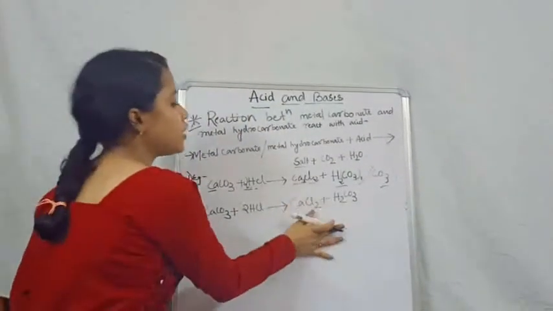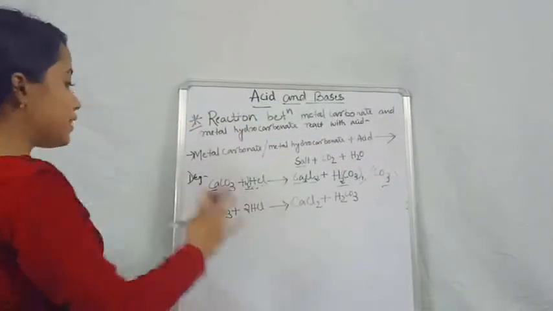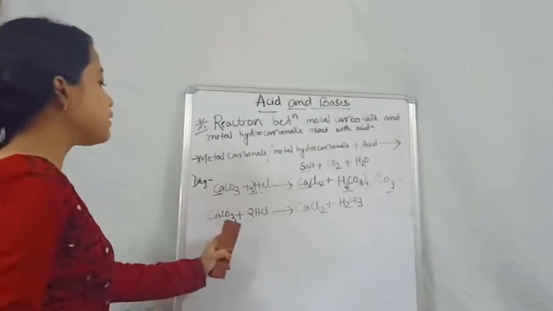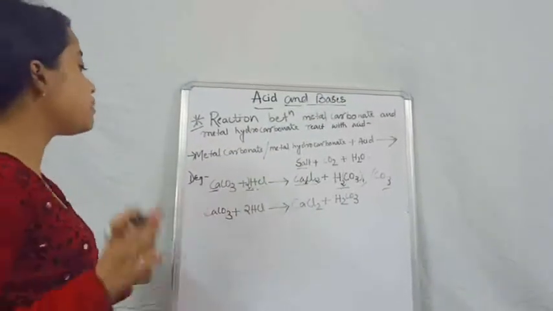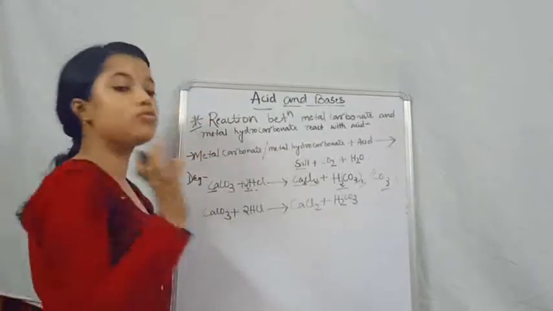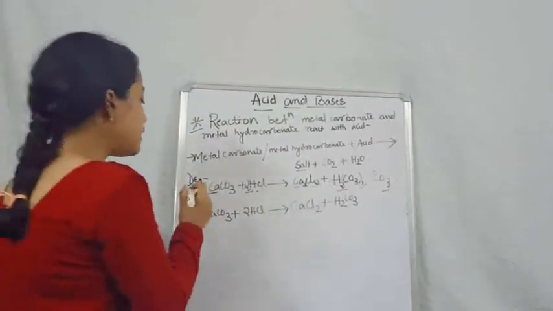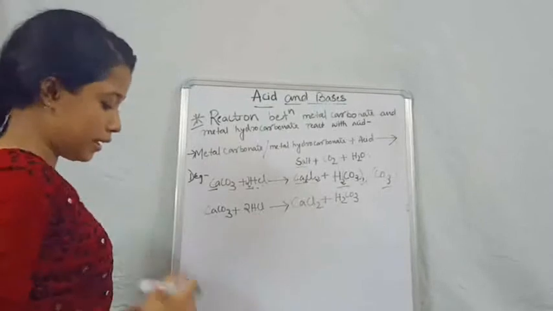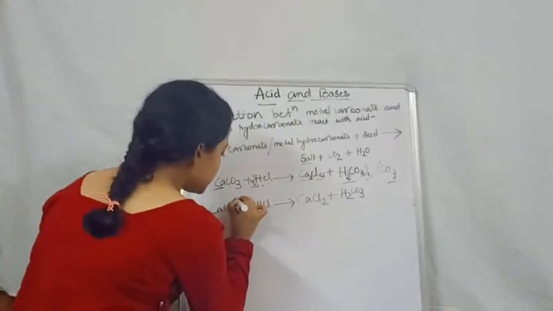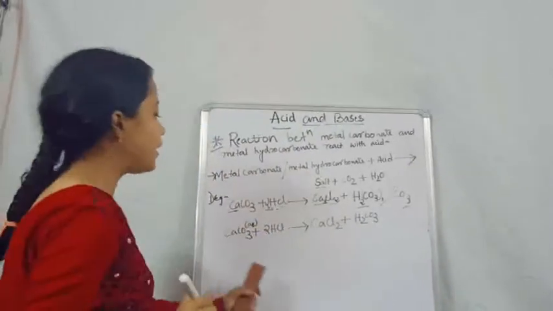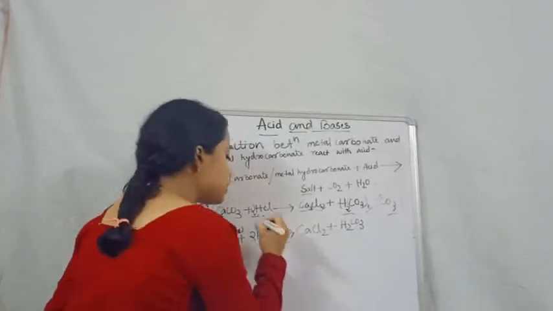So this is the latest equation, but still it is not correct because we haven't mentioned the state of the compounds either. So what is the state of calcium carbonate here? Calcium carbonate is in aqueous condition while the acid is in liquid condition.